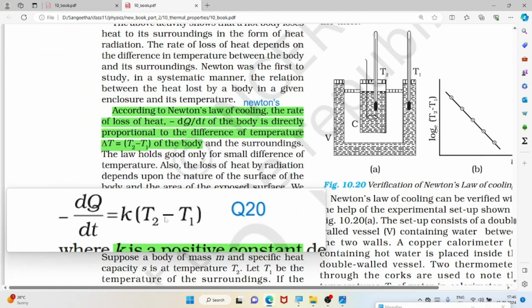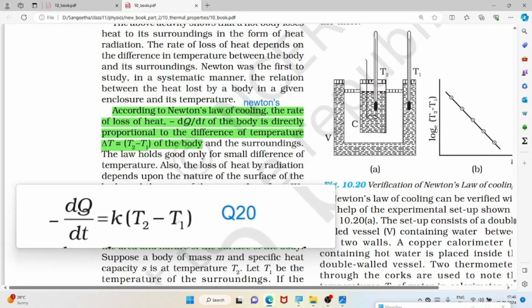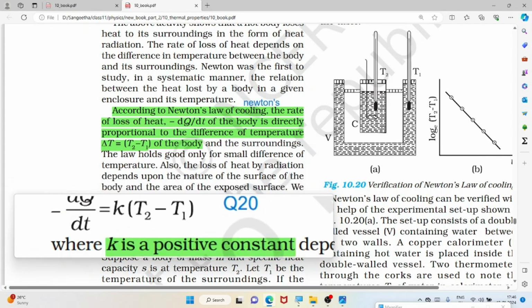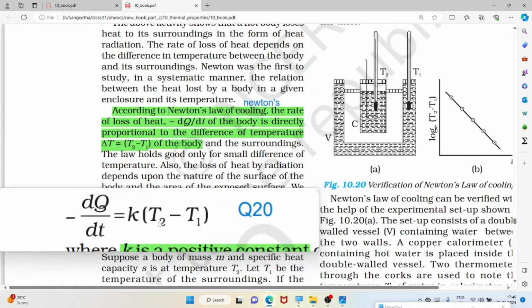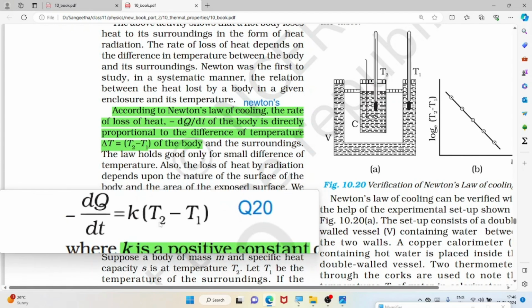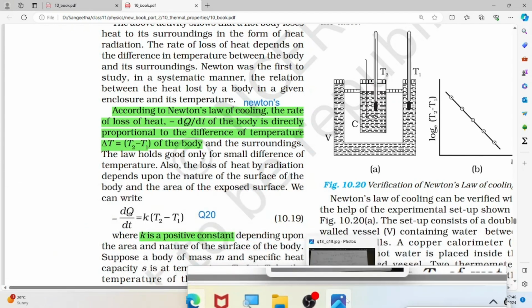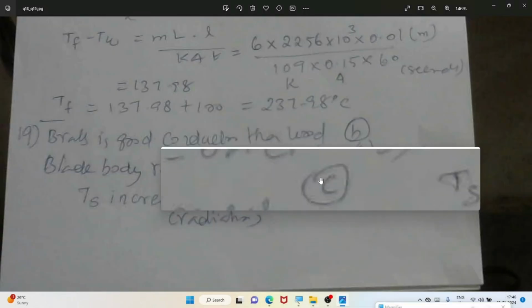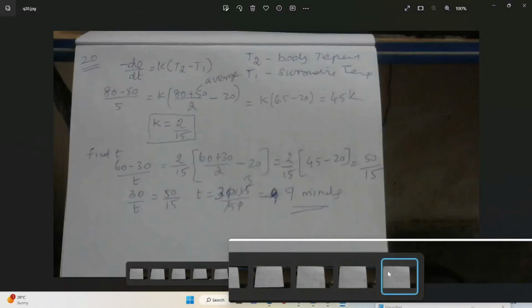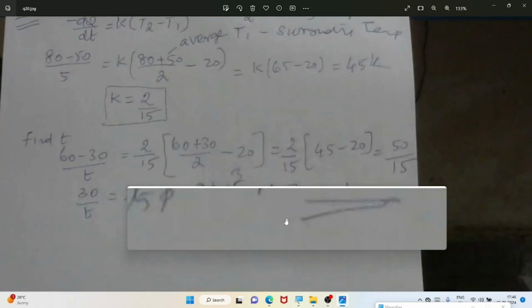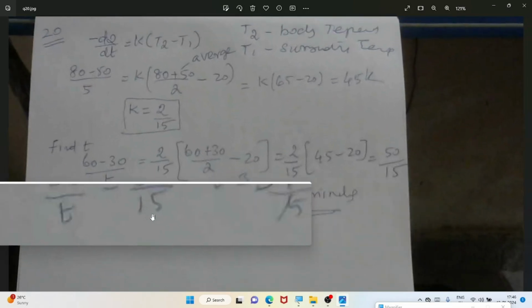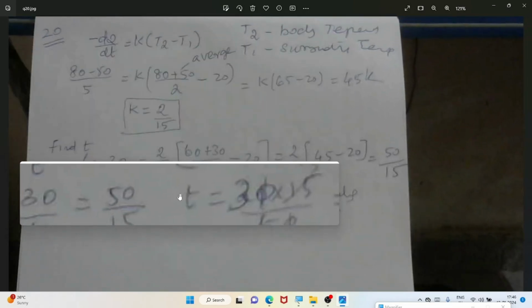Here this T1 is the outside temperature, and this is the body temperature T2. For the body temperature T2 we are taking the average of the initial and final temperature.